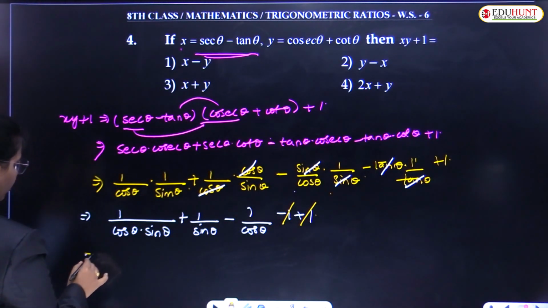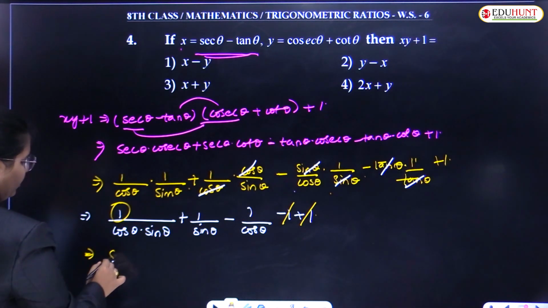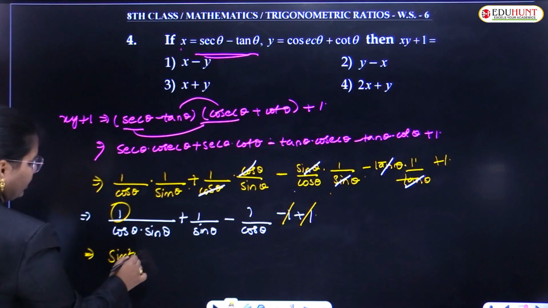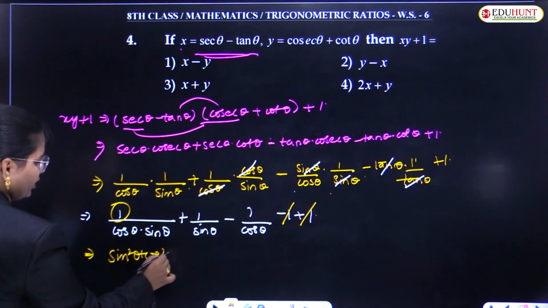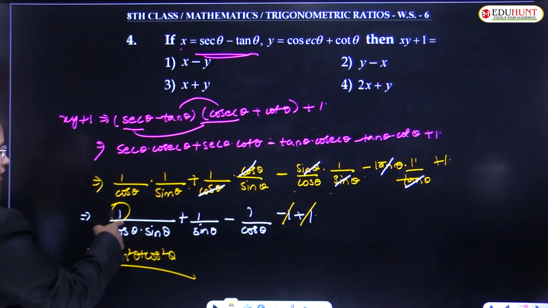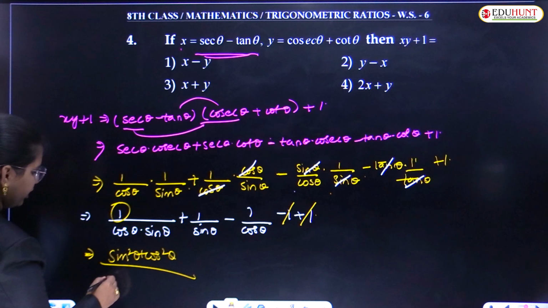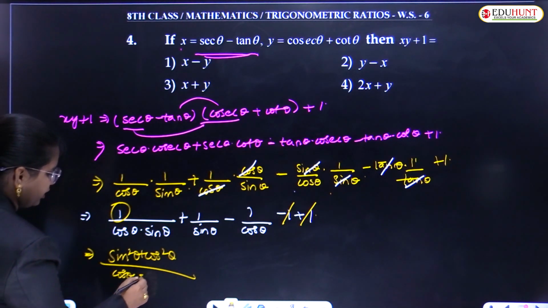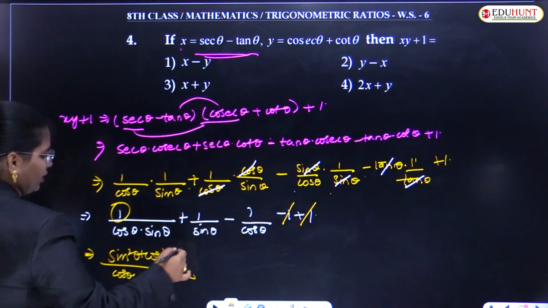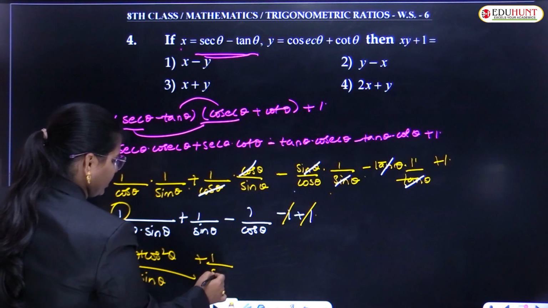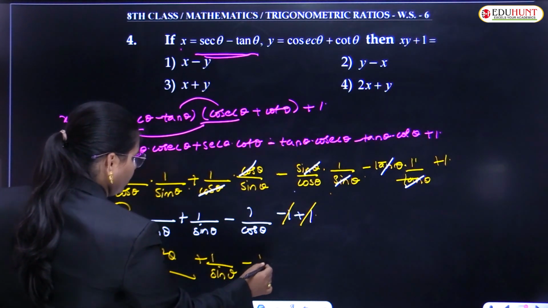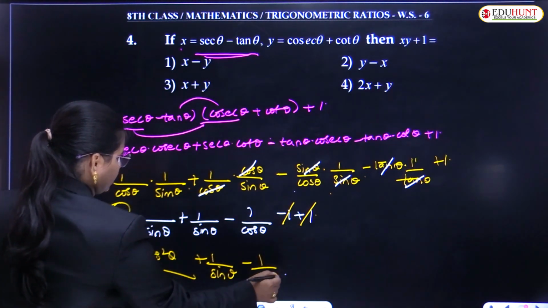In the place of 1, I am using the identity sin square theta plus cos square theta. Can I rewrite 1 as sin square theta plus cos square theta by cos theta into sin theta, plus 1 by sin theta minus 1 by cos theta.